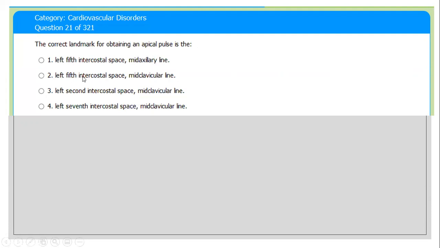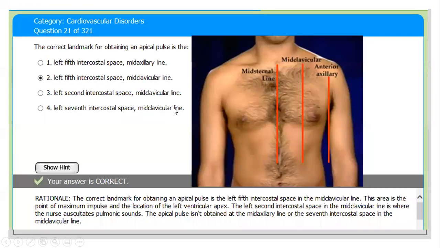Number two, left fifth intercostal space, mid-clavicular line. Number three, left second intercostal space, mid-clavicular line. Number four, left seventh intercostal space, mid-clavicular line. So the correct answer is left fifth intercostal space, mid-clavicular line.